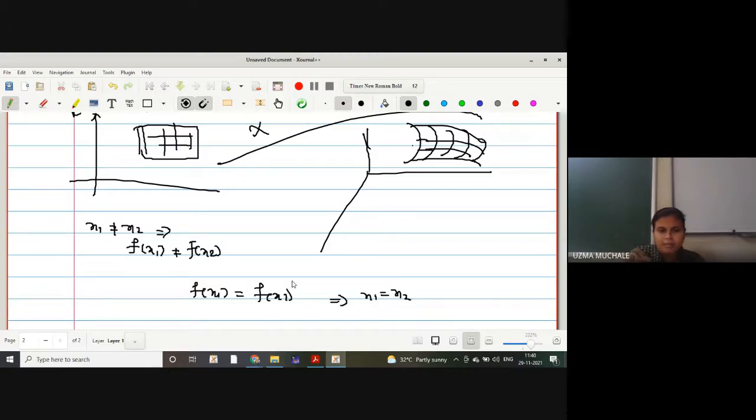At that time, you think about this mapping f is one-to-one. Okay, x1 not equal to x2 implies that f of x1 not equal to f of x2. For different elements in the domain, the images should also be different.